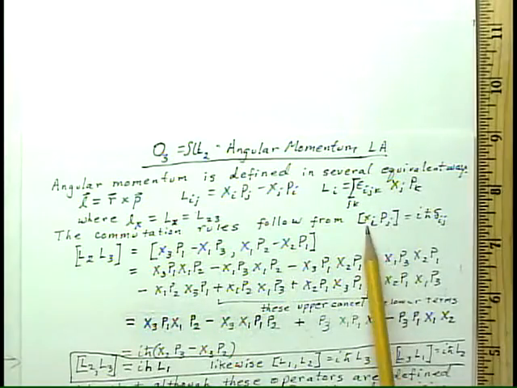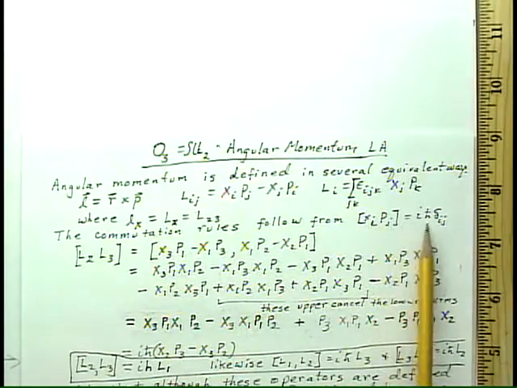But xp minus px is i h bar, so we get a positive i h bar times P3 x2.